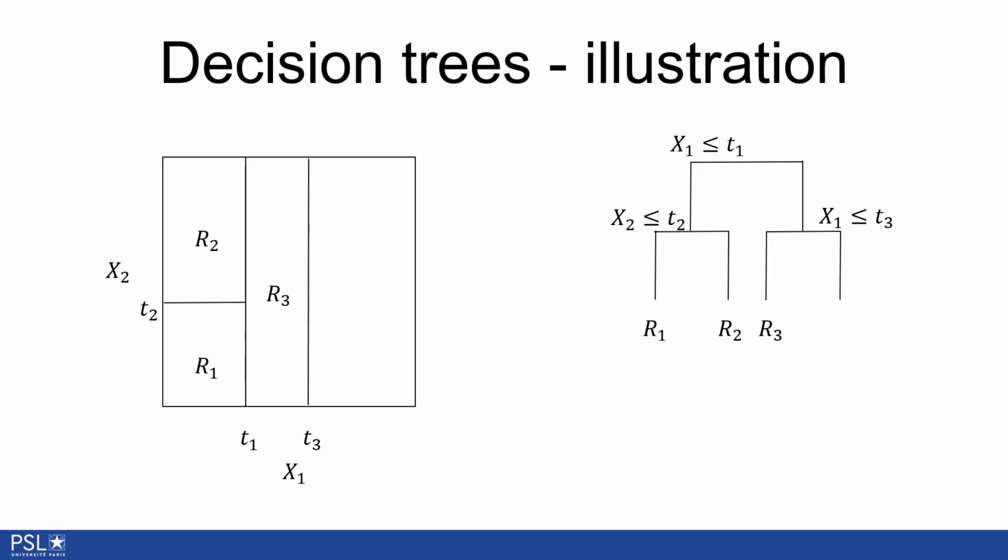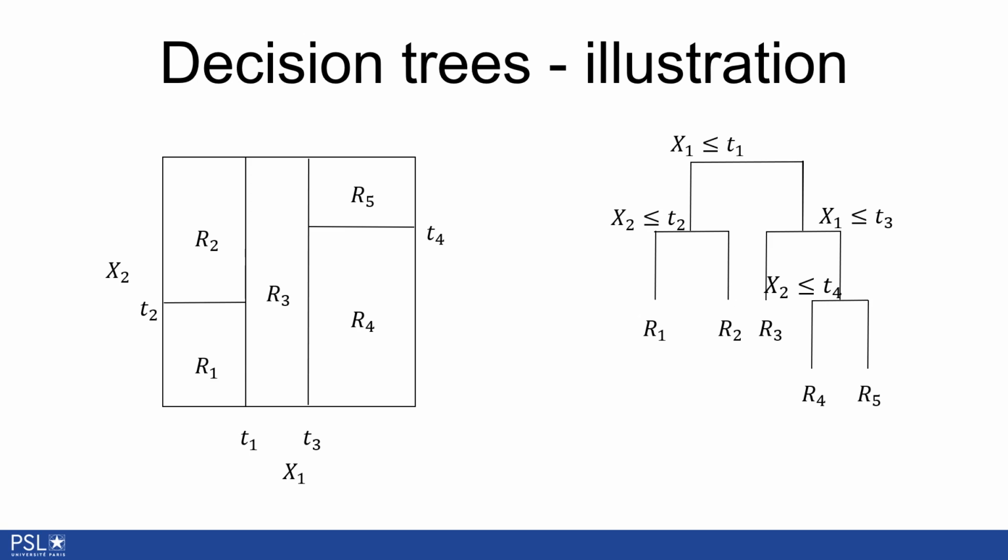And if x1 is smaller than t3, this defines the region R3 in our final partition. If x1 is larger than t3, then there's one more step where we compare x2 to a split point t4, and this defines the final two regions R4 and R5 in our partition.